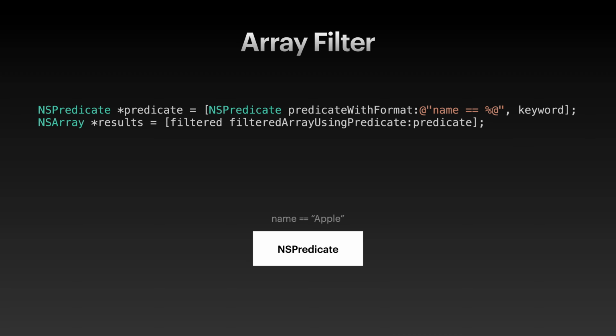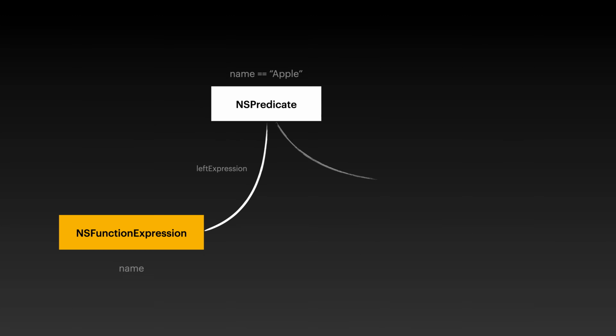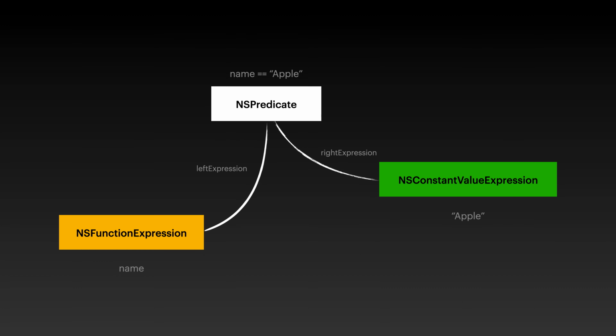This string, name equals Apple, finds all the elements that have a name property equal to a given keyword. It will be translated to two parts, the left expression and the right expression. Each part is an instance of NSExpression or its subclasses.